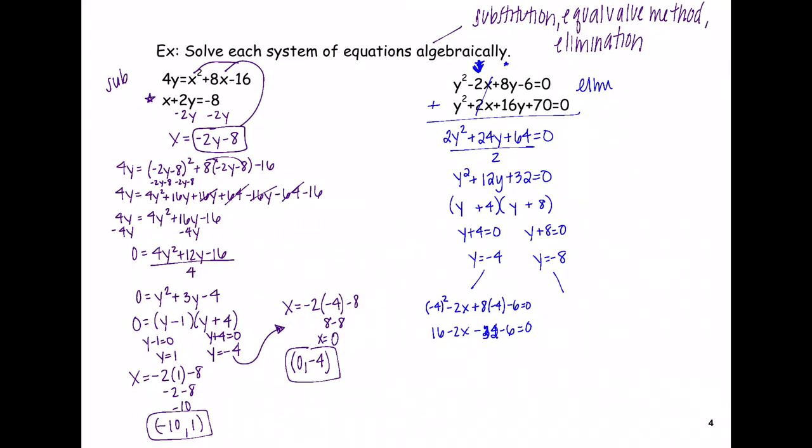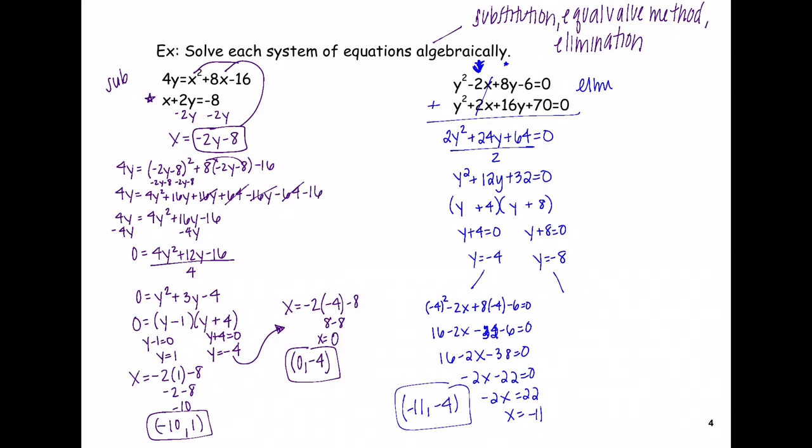When I combine my like terms, 16 minus 2x minus 38 equals 0. 16 and negative 38 gives me a negative 22. Negative 2x minus 22. Add 22. Divide by negative 2. x is negative 11, so we have an ordered pair at (-11, -4).